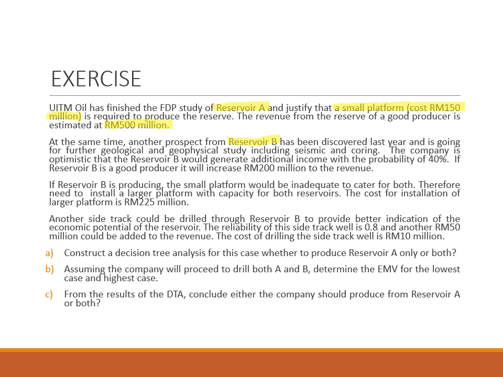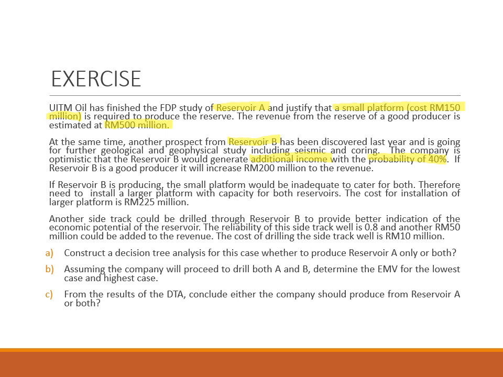So the company is optimistic that reservoir B would generate additional income with a probability of 40%. Meaning that they're drilling reservoir A, but now they want to do reservoir B too, because it will add to the income. And the probability of success is 40%.